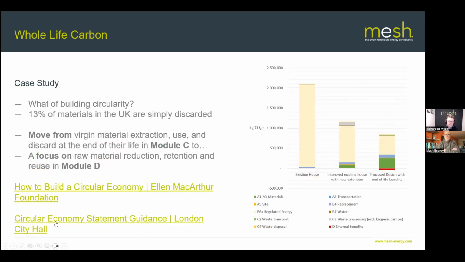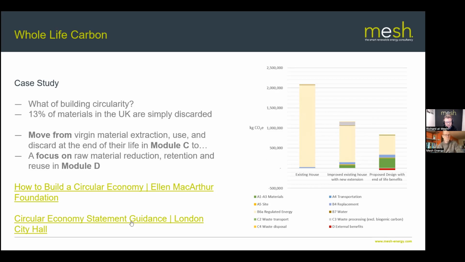So, time: 10 minutes. So circularity. Briefly, building circularity is all about getting away from the use of virgin material. So it's all about reducing module A upfront embodied carbon and starting to pull in materials from module C, and getting that reduction through the module D afterlife in the building, and bringing across that sequestration in timber, the carbon saved by reusing brick, for example, and so on and so forth.